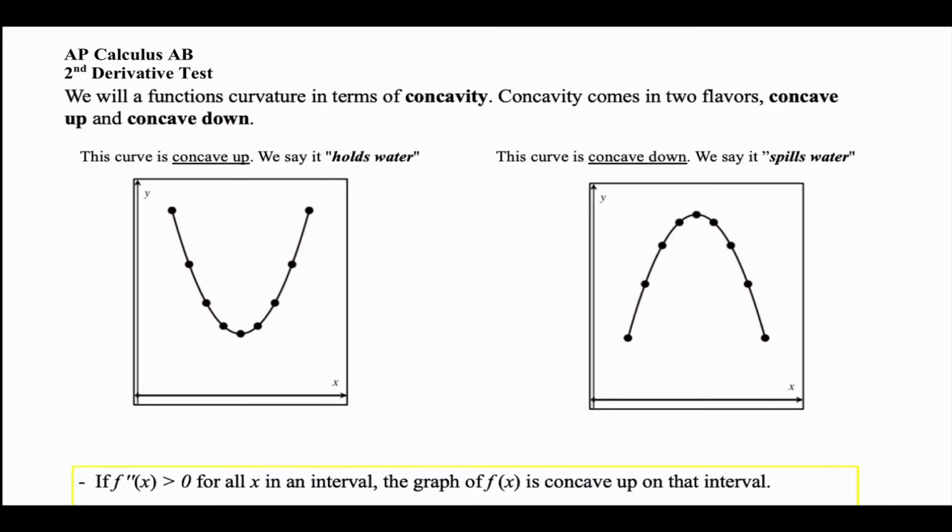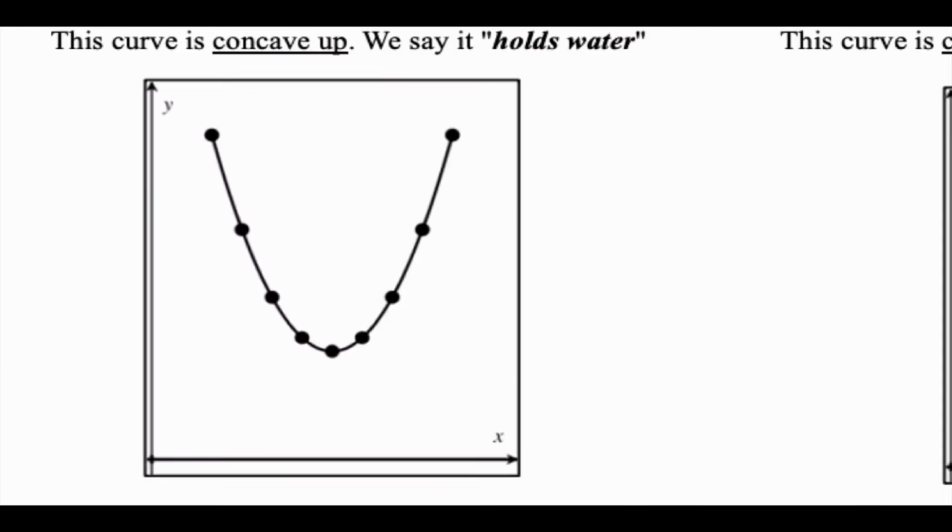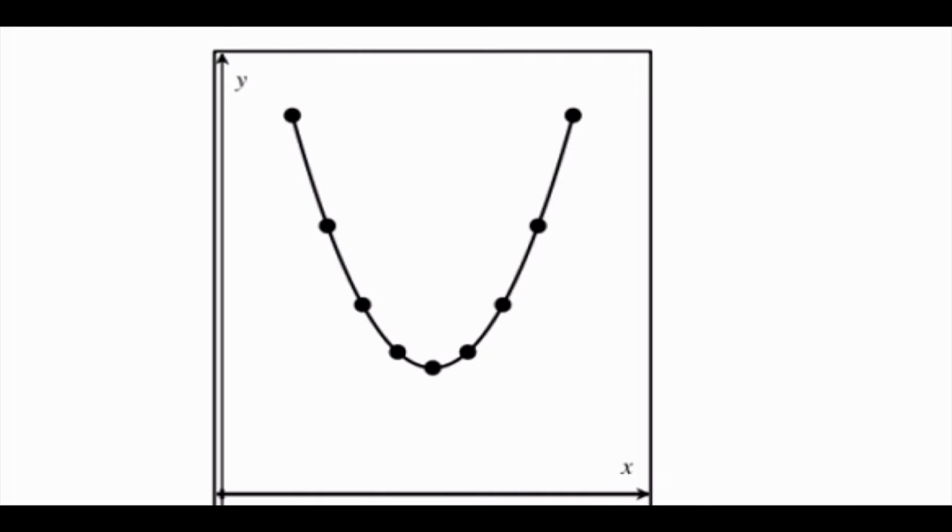What do you notice about something that's concave up in terms of what we've already talked about, using vocabulary we've already used last week and the week before? It's doing both, right?